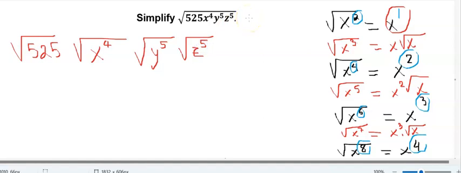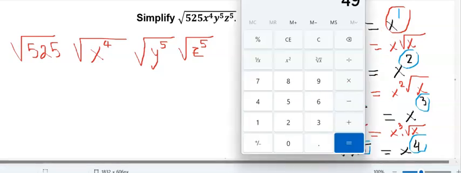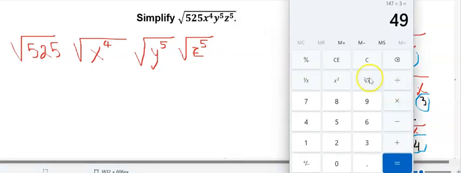Okay? Now, you don't have to use a calculator if you don't want to, but if you have a calculator in front of you, that would be great. It kind of helps speed things up a little bit. If I take 525, well, 525 is a big number, so I don't know what number it goes into yet, but we know that the last digit is a 5, so it should be divisible by what? By 5.